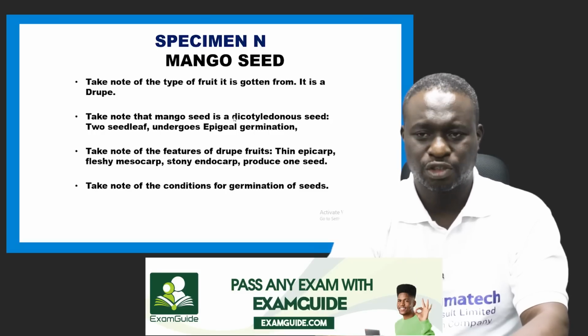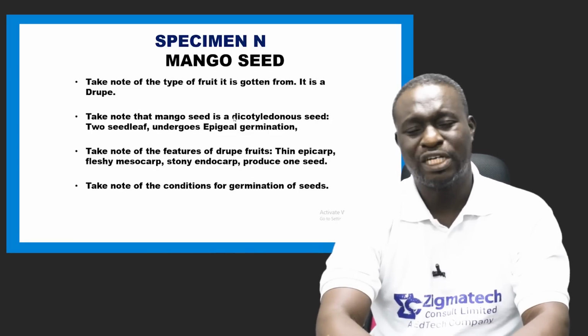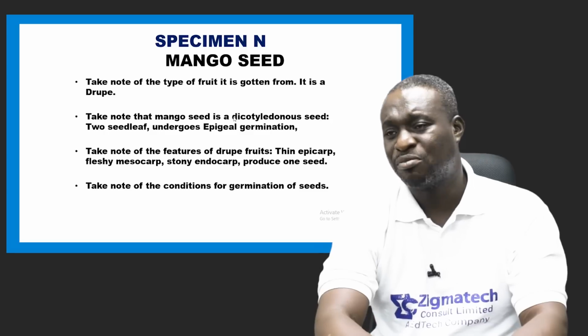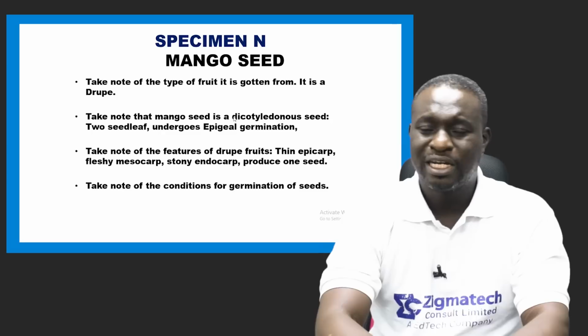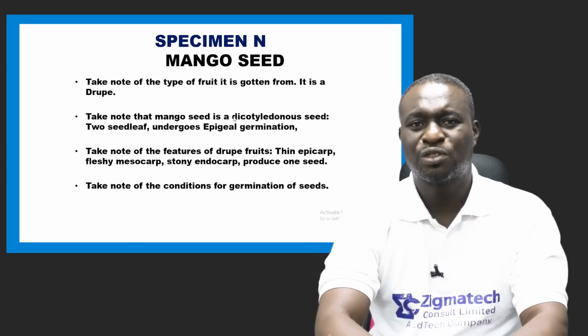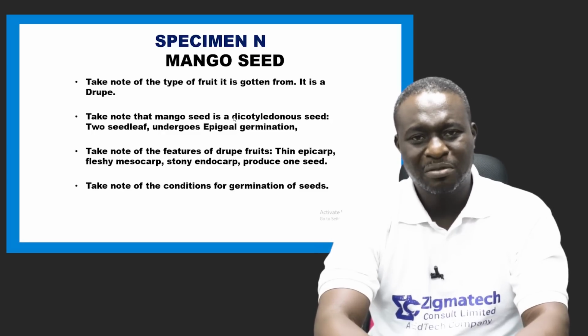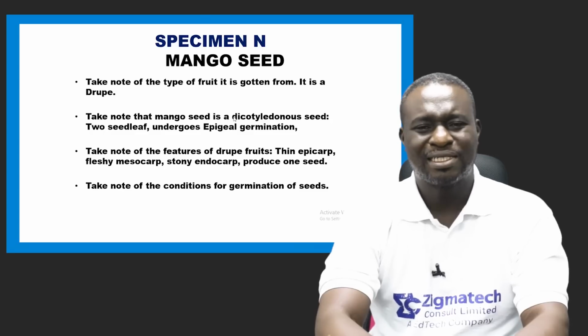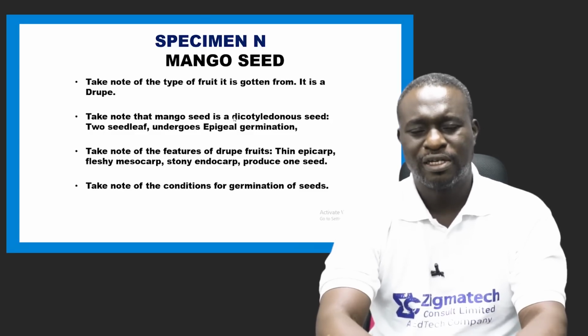Also, please take note of the conditions for germination. There are several conditions that are necessary for germination to take place. The seed must be viable, there must be good temperature, there must be moisture, good soil must be present, relative humidity must also be okay, and enzymes must also play a major role in the germination of the seeds.